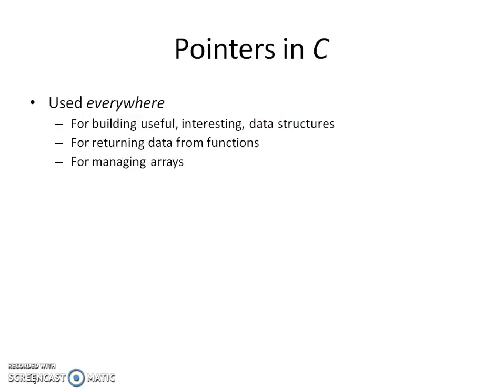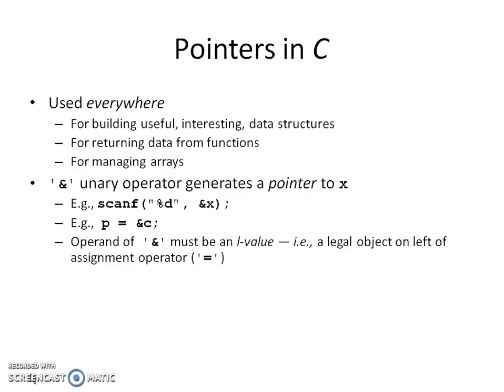Pointers in C are used in many applications. For building useful, interesting data structures, we need pointers to represent the first byte of the block of memory. For returning data from functions and for managing arrays also, we need pointers.